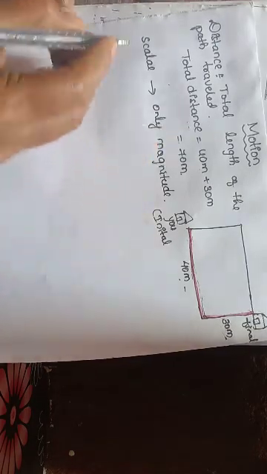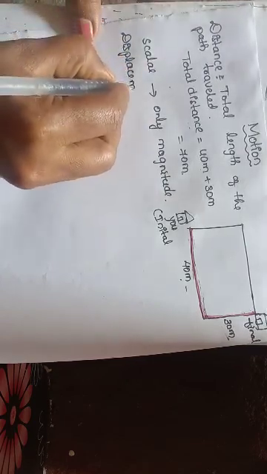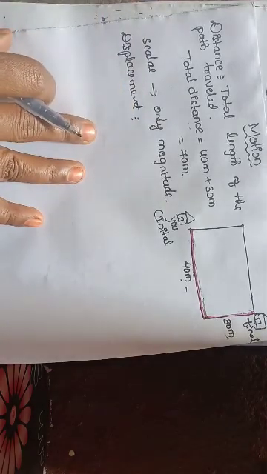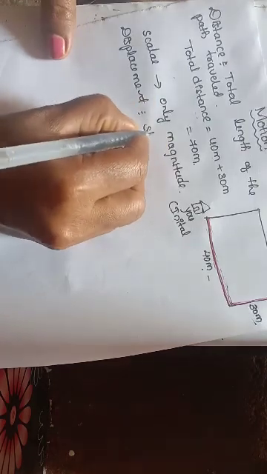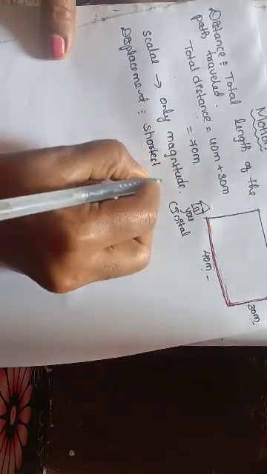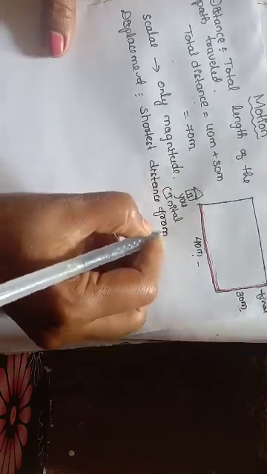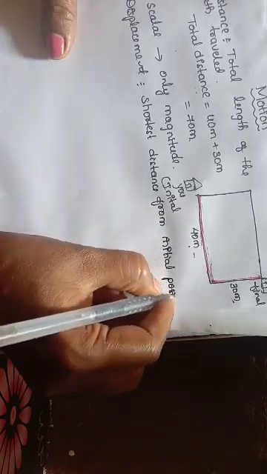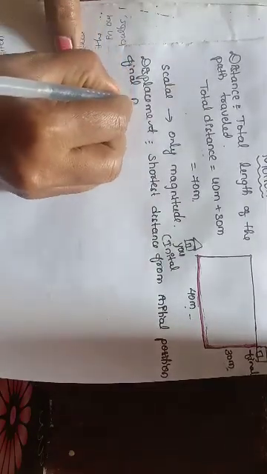So what is displacement? Displacement is the shortest distance from the initial position to the final position.